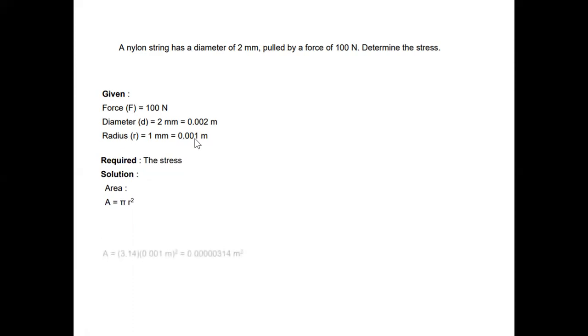If we're going to plug in the values, this is equal to 3.14 for the two decimal places for the pi, multiplied with radius squared. So this is 0.001 meter quantity squared. This gives us this value, or in scientific notation, this is 3.14 times 10 raised to negative 6 meters squared. Now, our stress is equal to force per area.